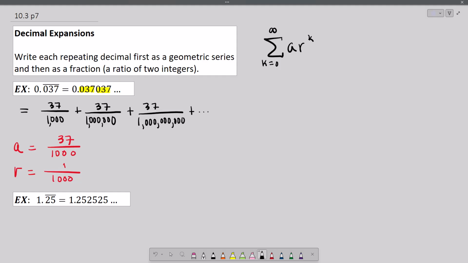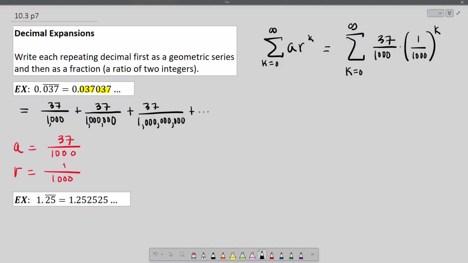So if we wanted to write it in the standard summation notation, we are starting at 0, going to infinity. The first term is 37 over 1,000. So that's the A. And then R is 1 divided by 1,000, all raised to the k power. And you can double check that this matches.